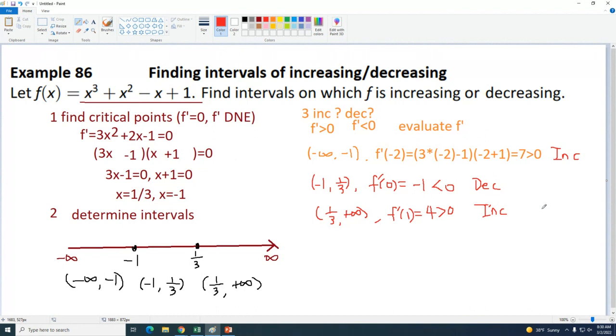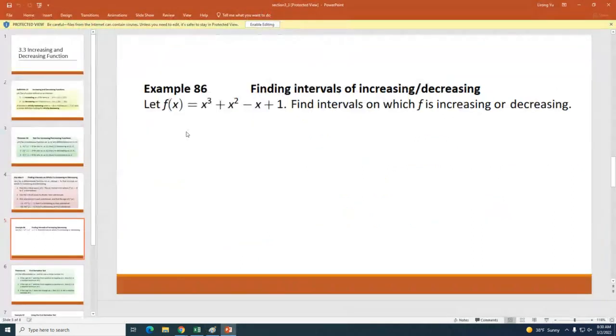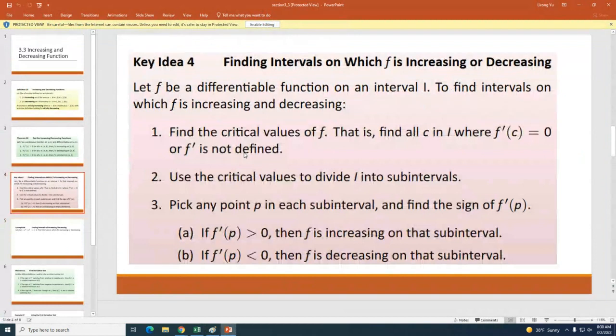Any questions? So that's the solution for this one, and we follow the procedure over here, steps 1, 2, 3.